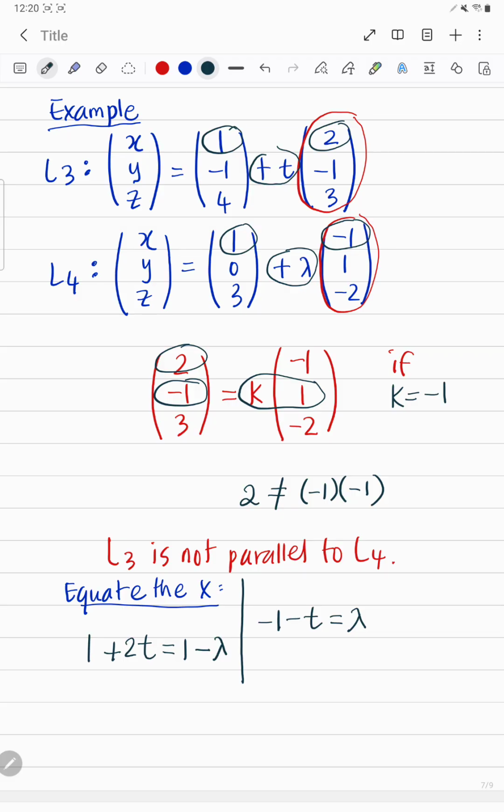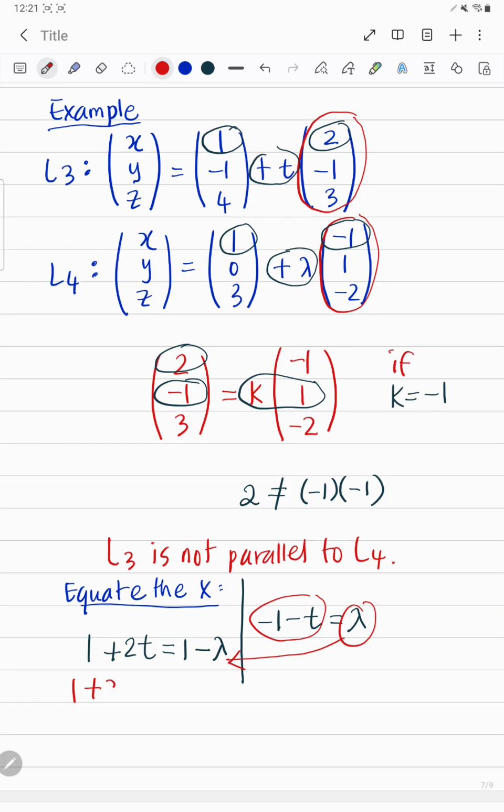Using these two equations, we can find t. We can substitute lambda as minus 1 minus t into this equation.